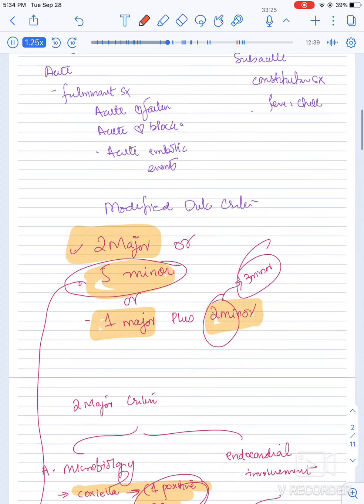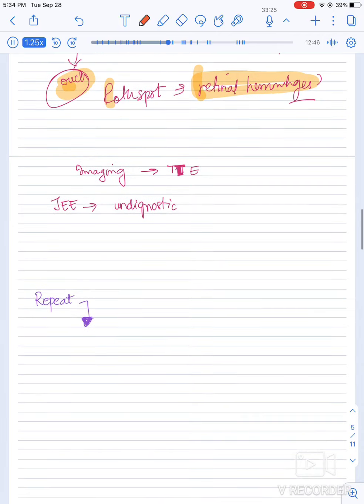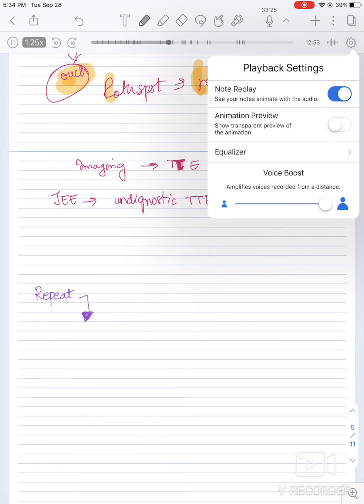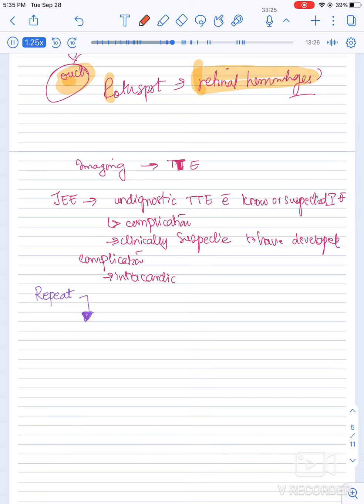And I guess the important question then becomes about when should we get the TEE. So if the patients have an undiagnostic or non-diagnostic TTE with known or suspected infective endocarditis, or if they have developed complications from infective endocarditis, or they're clinically suspected to have developed complications, or if they have intracardiac leads, that's when you can consider TEE.